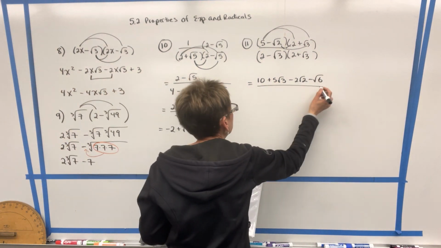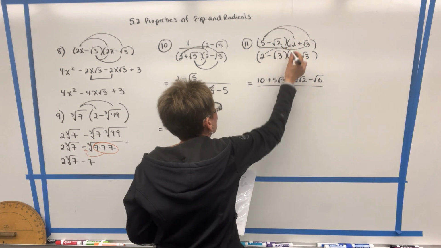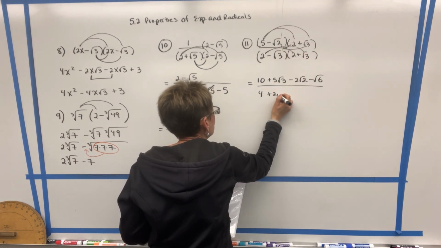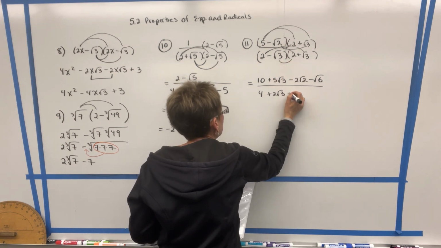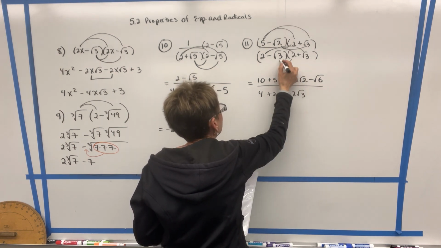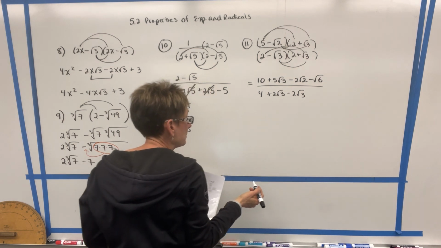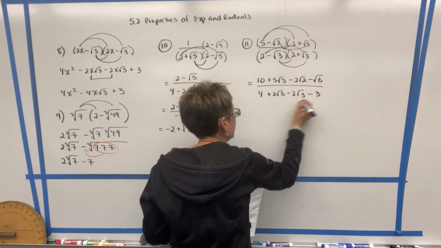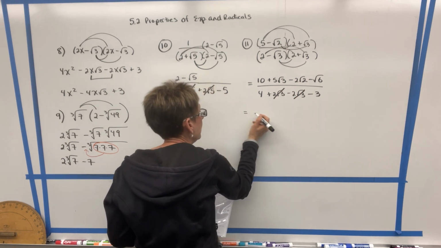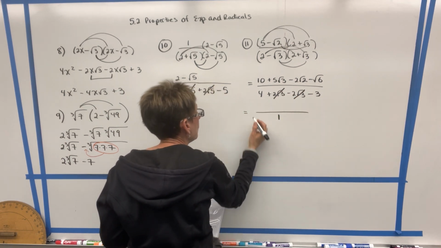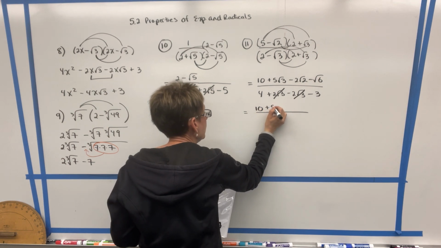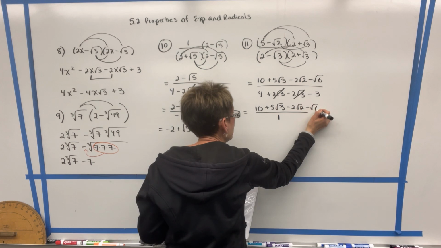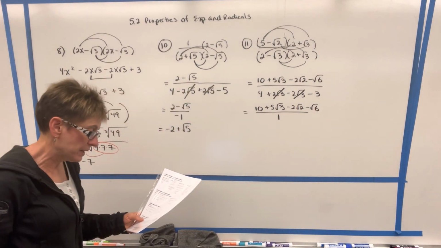On the bottom, I'm going to take 2 times 2, which is 4, and then I have plus 2 radical 3, minus 2 radical 3, and then radical 3 times radical 3 is 3, and minus times positive is negative. These cancel out. 4 minus 3 is 1. So I have 10 plus 5 radical 3 minus 2 radical 2 minus radical 6 over 1.